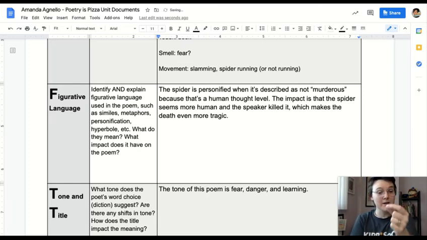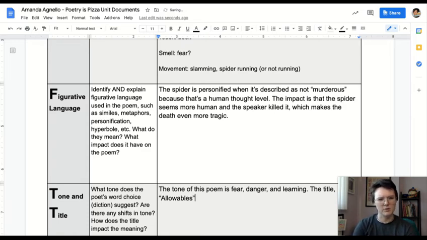Okay? And then I want to explain, how does the title also impact the meaning? Wait, I haven't thought about the title. Right. So the title, Allowables. What's Allowables? Well, that gives me some meaning, because maybe we're thinking about being able to be allowed.